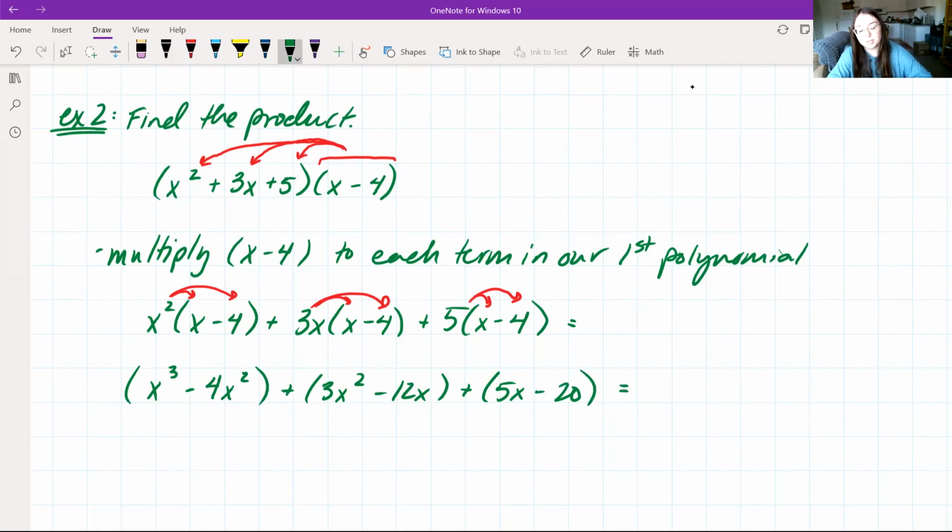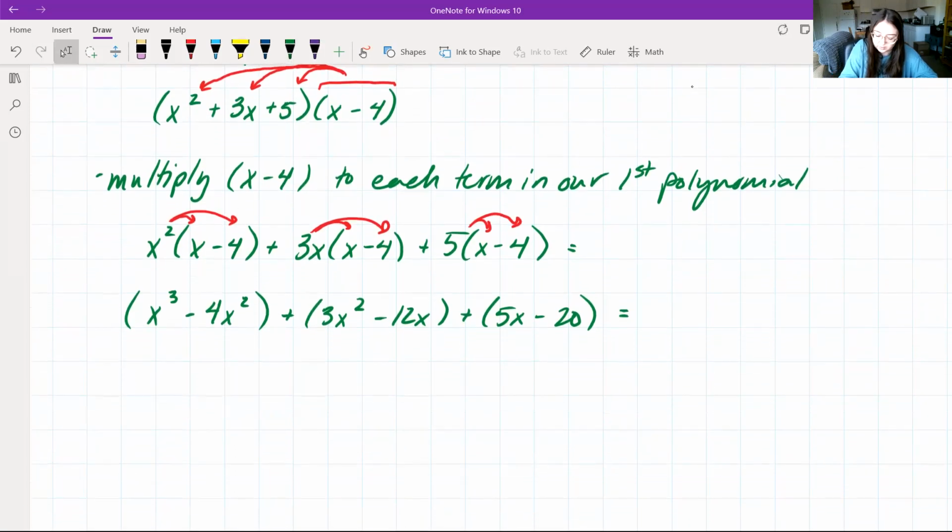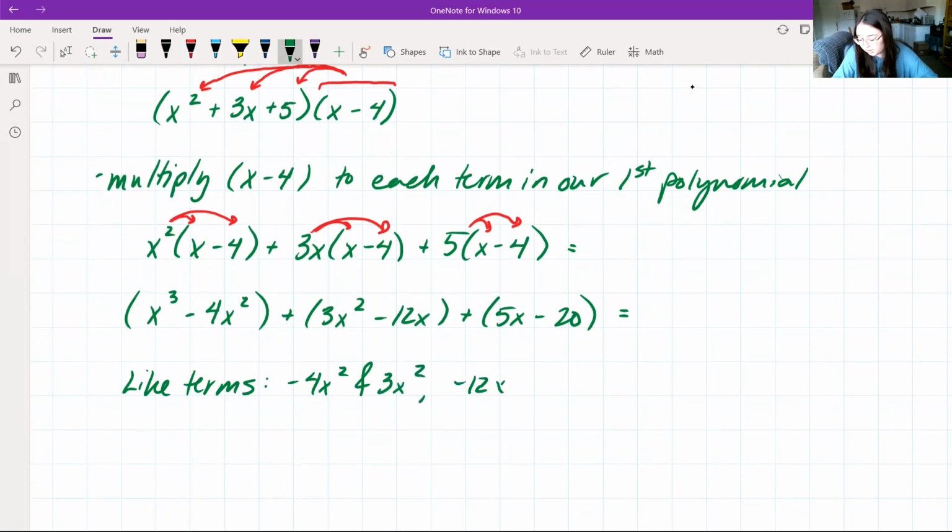So now we have all of our terms, and we want to combine our like terms. In this case, our like terms are going to be negative 4x squared and positive 3x squared, and negative 12x and 5x.